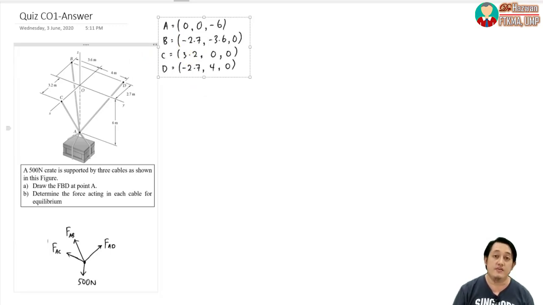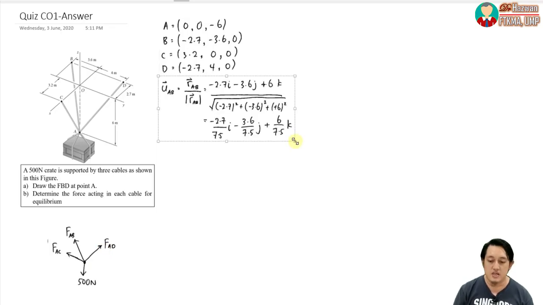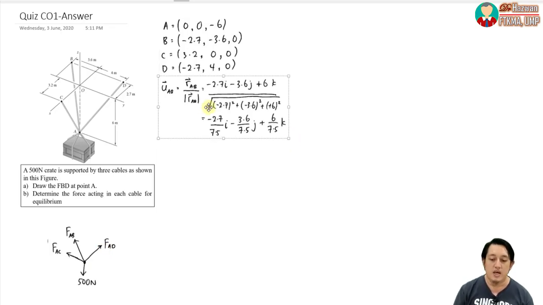Okay, so after you get the coordinates, before you can convert FAB, FAC, and FAD into a force in Cartesian vector form, you need to have the unit vectors. So we need to have the unit vector for AB, the unit vector for AC, and the unit vector for AD. So this is UAB.